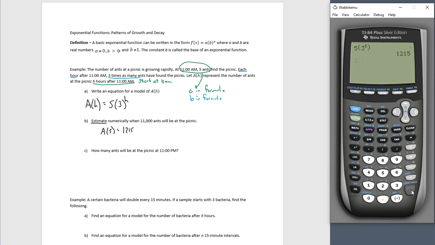So maybe, I'm going to pull that back, maybe we'll go with 8 hours later. Well, that's 32,000. So we know that it must be somewhere between hours 5 and 8.